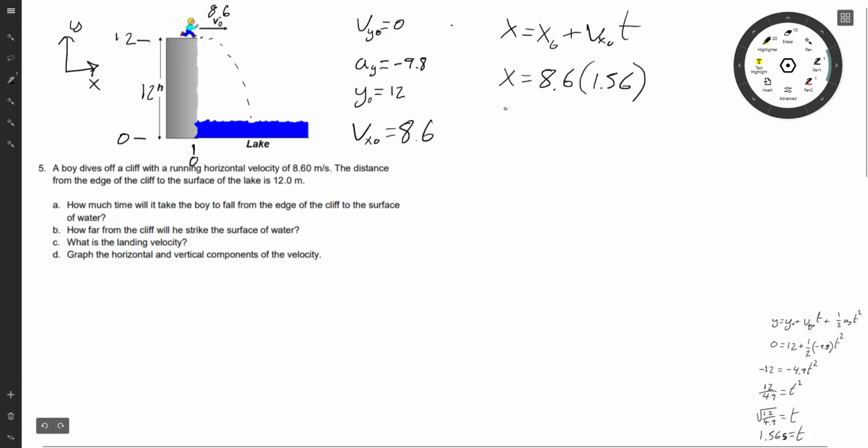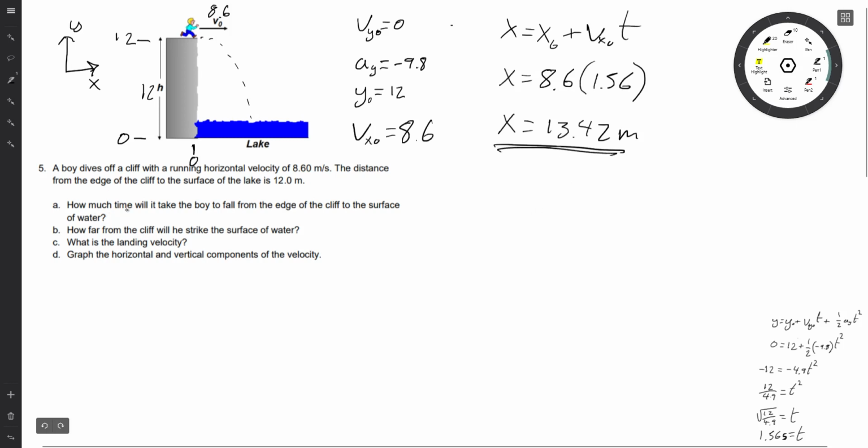In this case, x equals whatever 8.6 times 1.56 is. 13.42 to 2 decimal places. And that's essentially it. That's how far he's going to go. That's going to be 13.42 meters, and that is our answer to B.